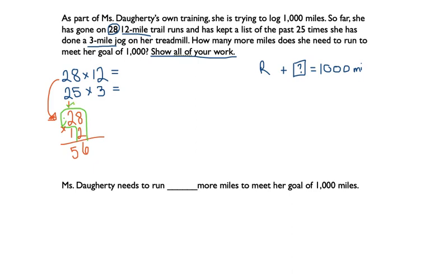I check off what I carried, draw a collar, because I'm done with the ones place, and drop my turtle egg. Then I continue in my tens place with my multiplication. 1 times 8 is 8. 1 times 2 is 2. I have now done all of the multiplication, and I add up.